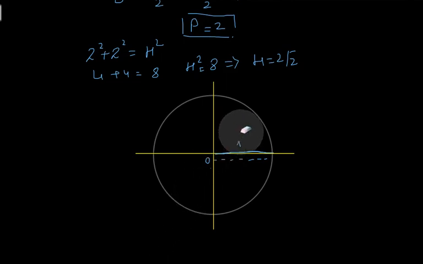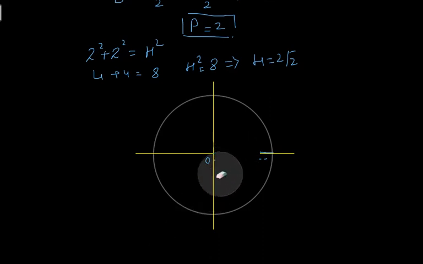Let us not write it here, because we'll need this space. So this radius is 1 unit. So what we have done is drawn a circle with a radius of 1 unit, and we have drawn this line which connects the center with the circumference, and let us take this point as P.